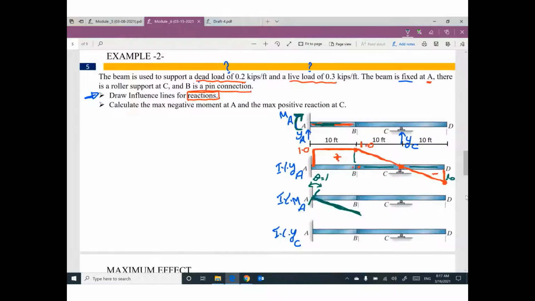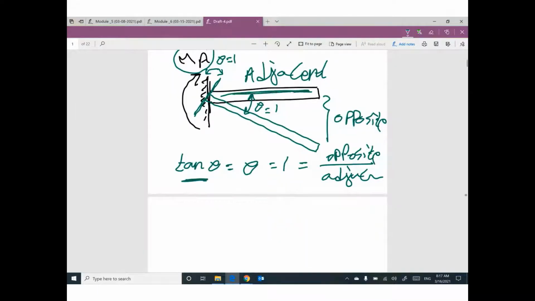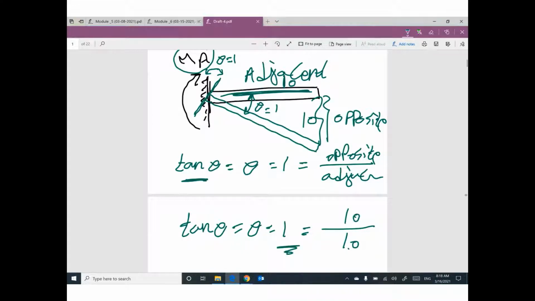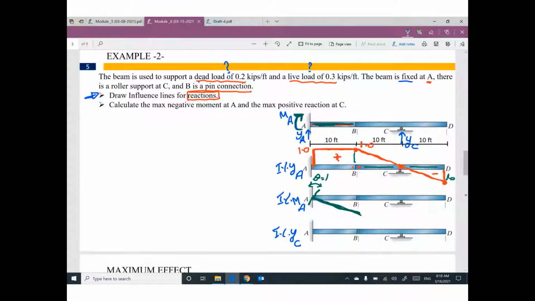If this length of the part equals 10 feet, I believe this value will be 10. You know why? Because tan theta equals 1. So if the adjacent is 10 feet, the opposite will be 10, because 10 divided by 10 equals 1. I mean this value will be 10.